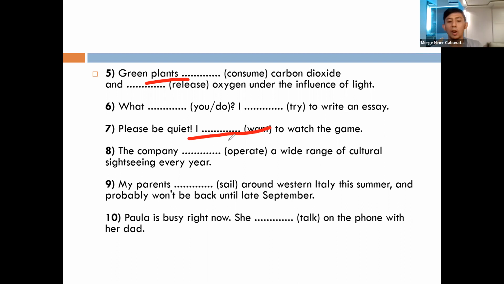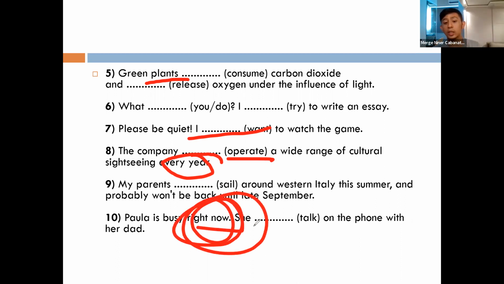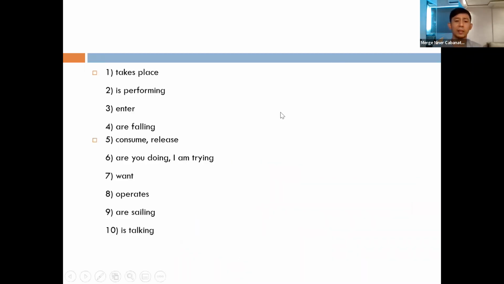The company operates a wide range of cultural sightseeing every year. Because of "every year", it's operates, not is operating. My parents are sailing around Western Italy this summer. Probably won't be back until late September. Paula is busy right now. Because of "now", she is talking on the phone. Easy. Those are our answers.